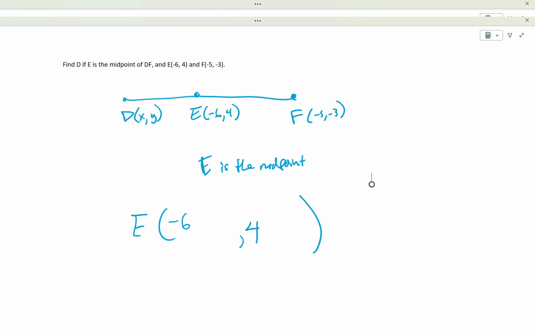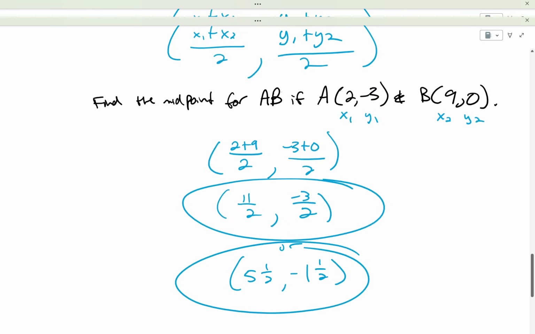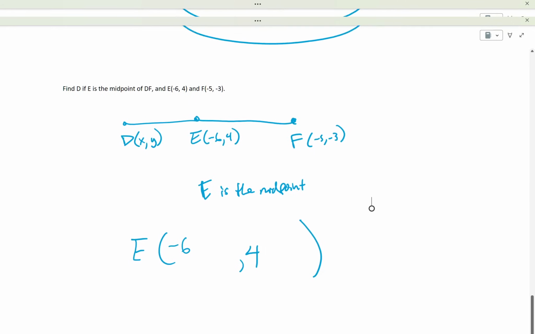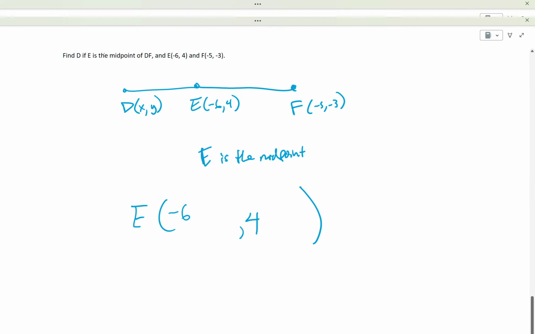Now, go back to your midpoint formula, x sub 1 plus x sub 2 over 2. Well, here we have our x sub 1 and our y sub 1, and then this guy is effectively my x sub 2 and my y sub 2. So this guy's equal to negative 5 plus x sub 2, or just x, over 2. And this guy's equal to negative 3 plus y over 2.